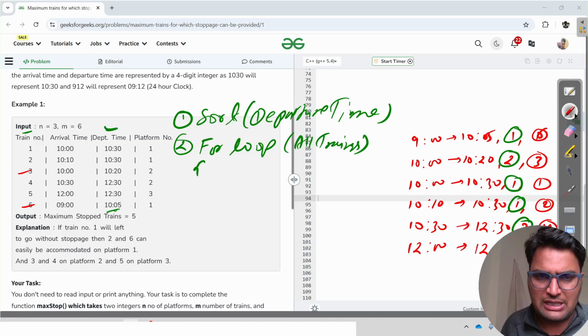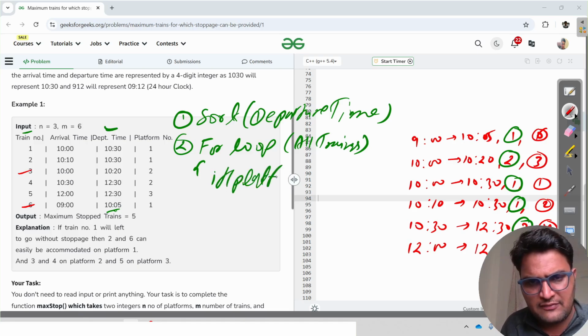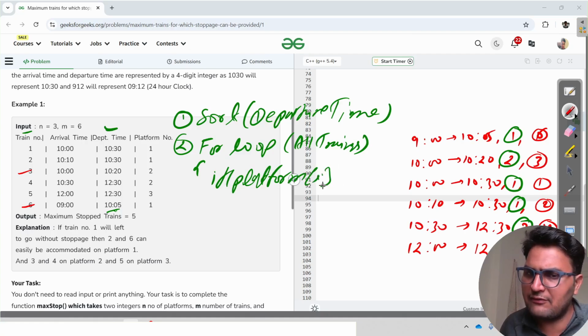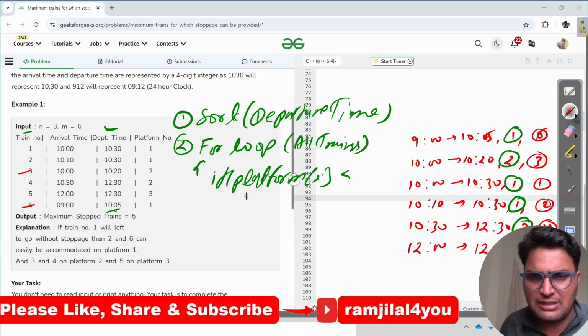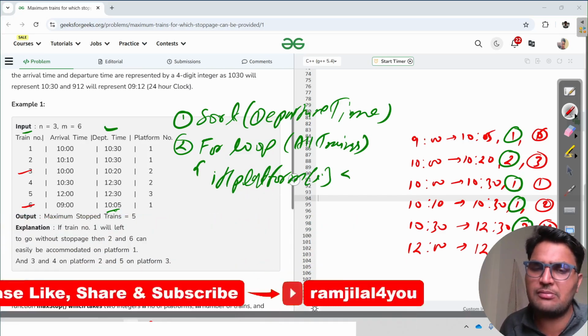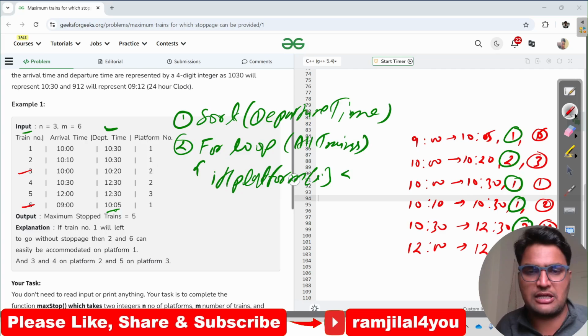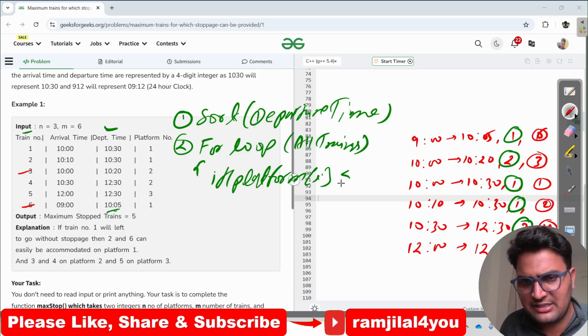So if the platform of i, a particular platform, has a departure time less than or equal to, for example, the train's departure time, I'm writing td only, correct.